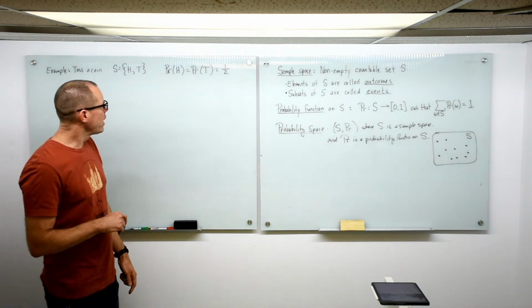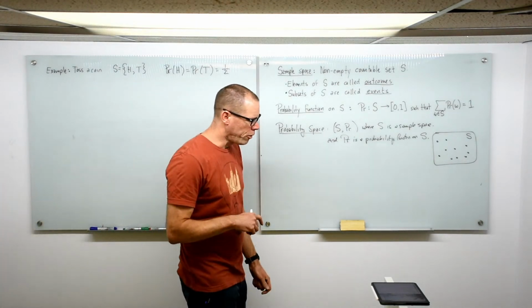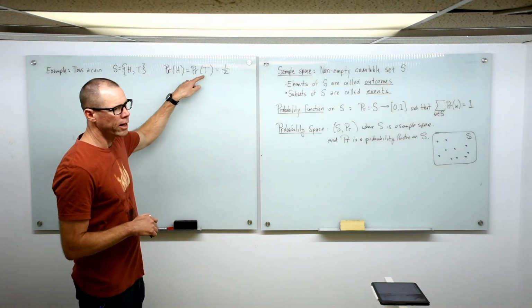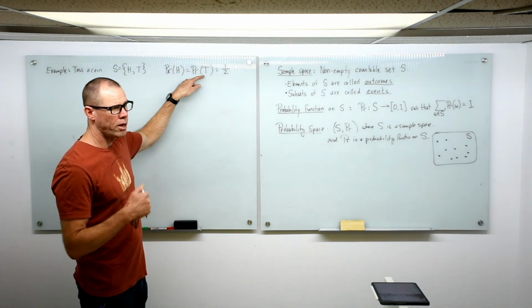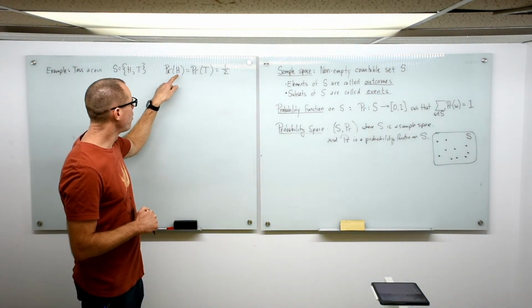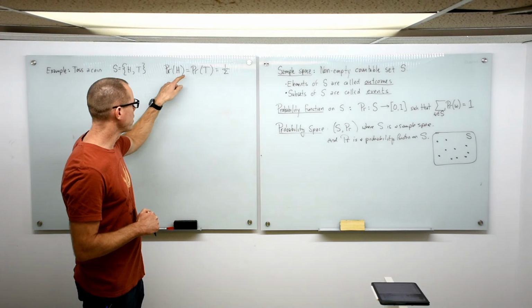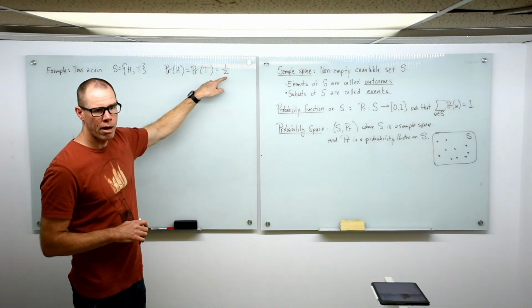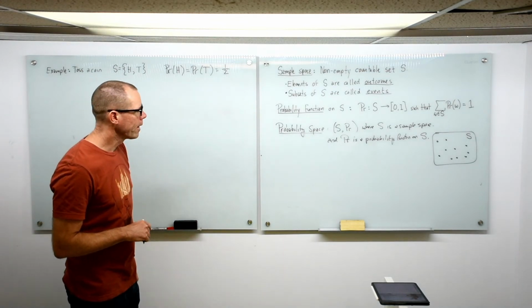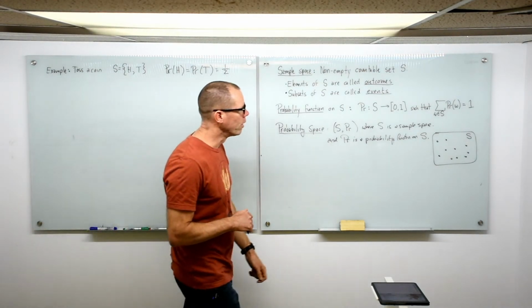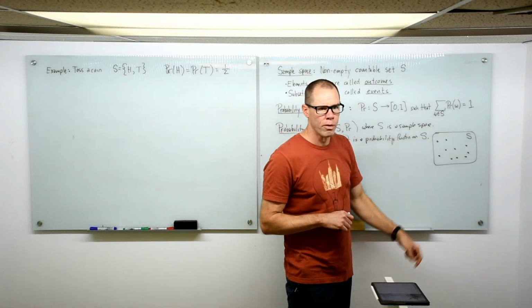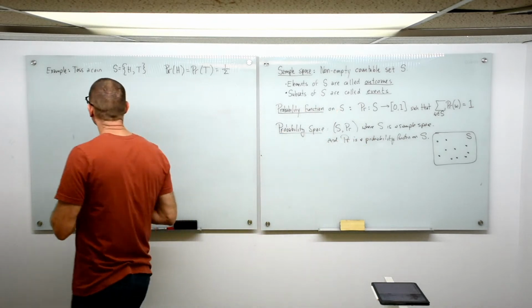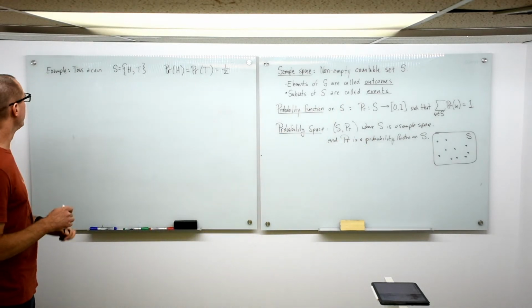The only place that we're making an assumption about the real world is if we assume that heads is as likely as tails. Physicists might tell us that that's not quite true, but for our purposes, it's a good assumption. Once we make this assumption, then this follows from the definition. Once you assume the two things are equal, then because they add up to 1, they both have to be a half. Okay, so that's an easy one.